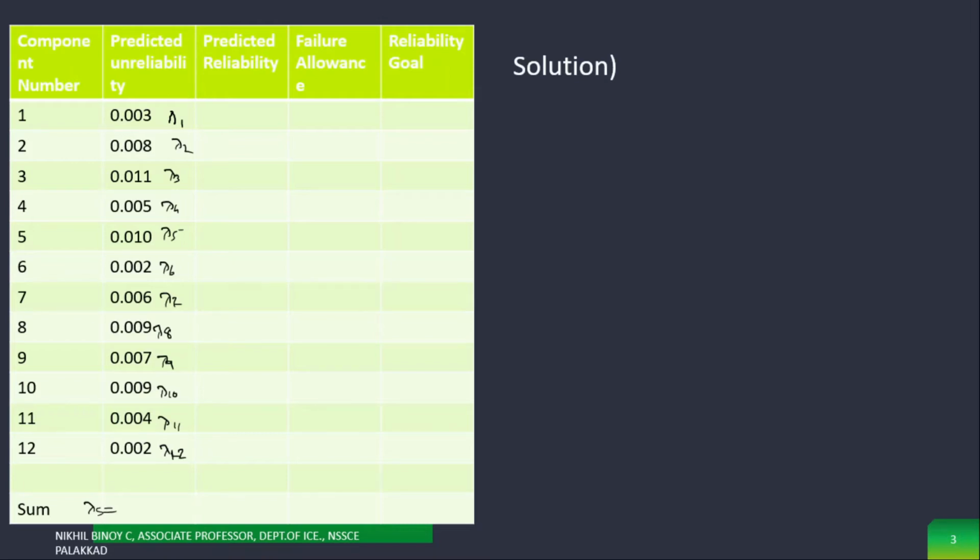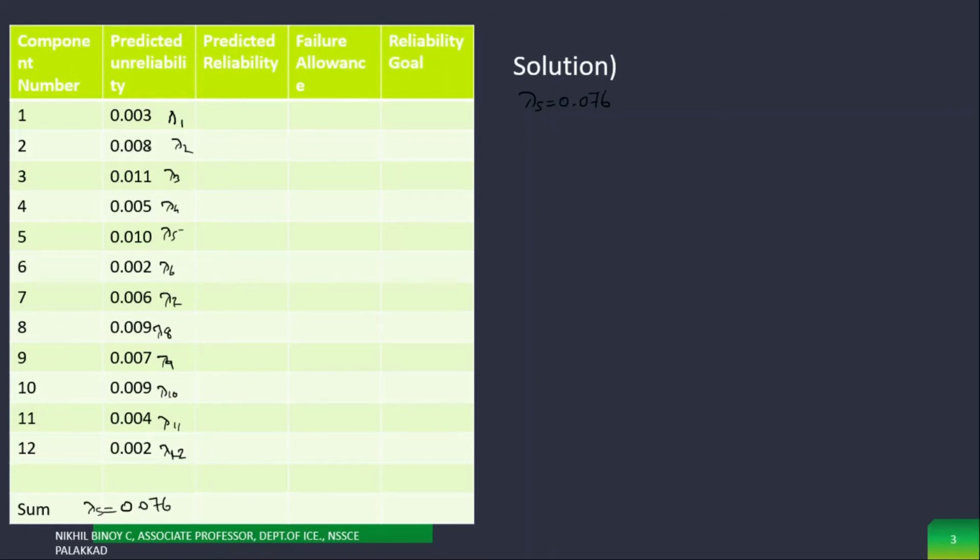Okay. So what do we have? 0.076. So lambda s is equal to 0.076.